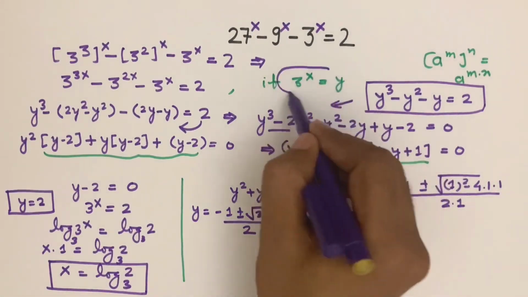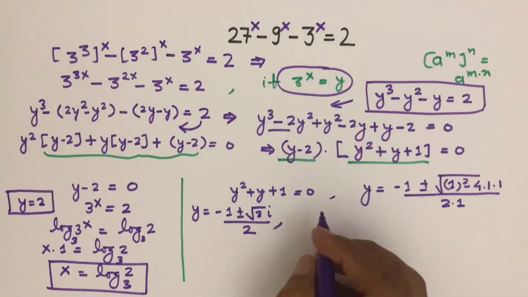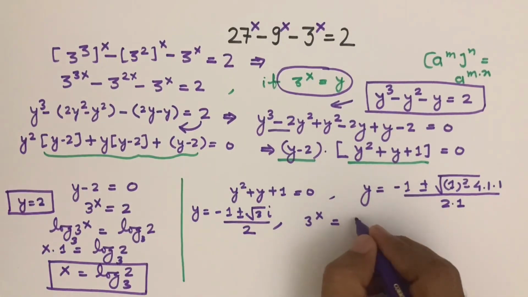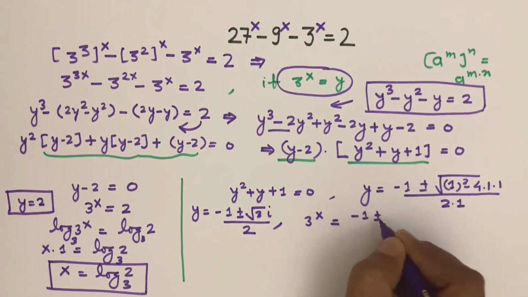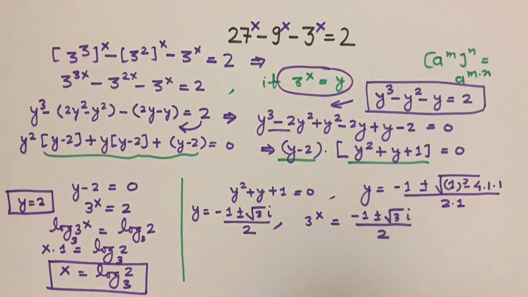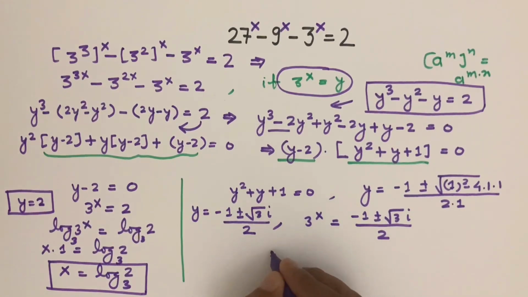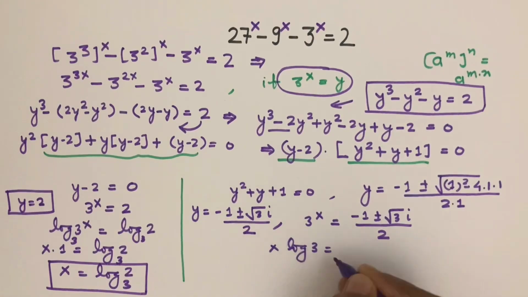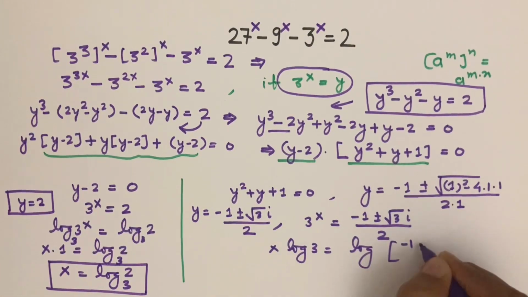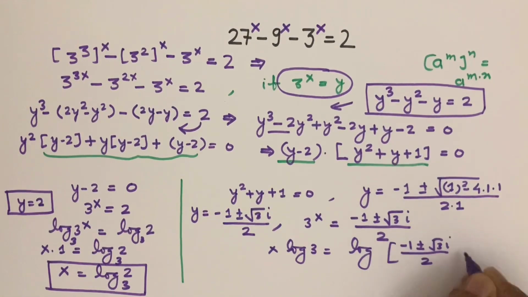Therefore, using this assumption, 3 to power x equals minus 1 plus minus square root of 3i divided by 2. Taking log on both sides, so this comes x log 3 equals log of minus 1 plus minus square root of 3i divided by 2.